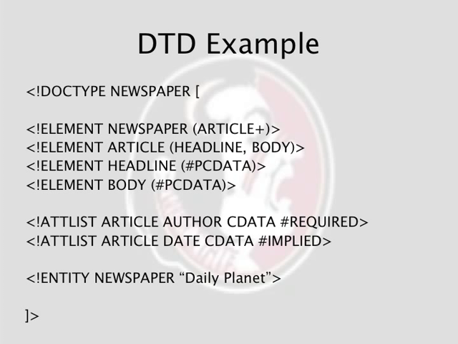Every article must have an author, because it's required by the DTD, and every article will have a date on it. It's not required, but it's implied that you will find a date here. And this newspaper is going to be called the Daily Planet. There are obviously other choices for newspaper names, but this one specifically is described as the Daily Planet in the DTD.